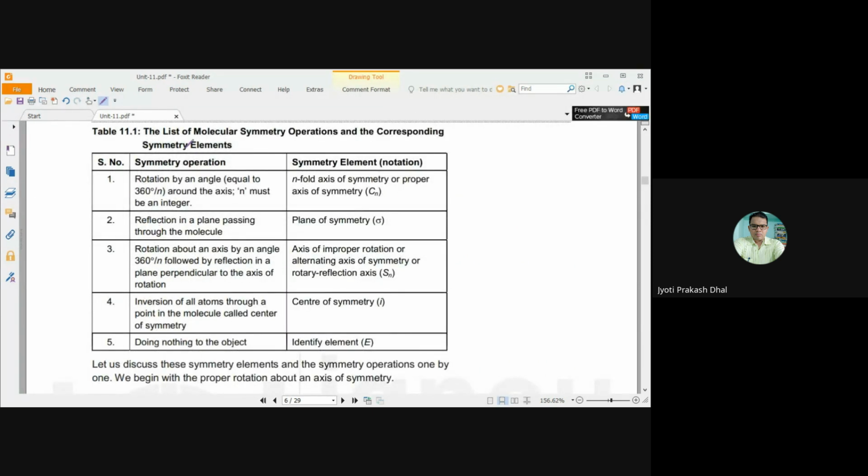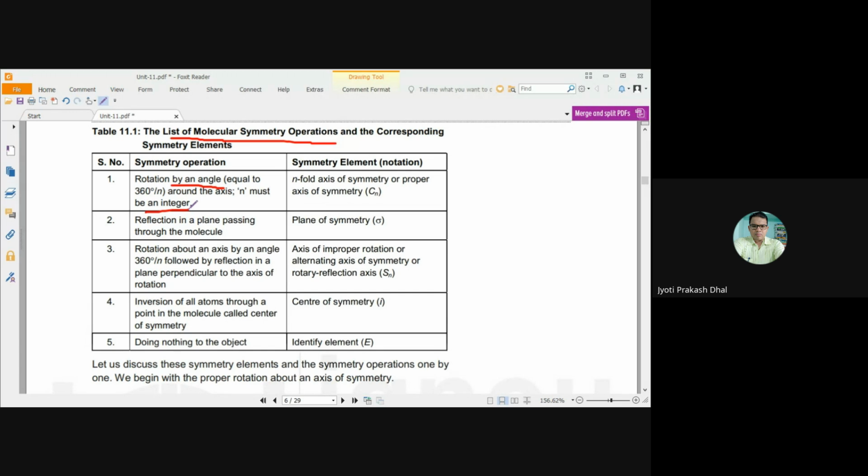These are the list of molecular symmetry operations and the corresponding symmetry elements. Serial number 1 is the symmetry operation that is rotation by an angle 360 degrees divided by n around the axis, and n must be an integer. So n may be 1, 2, 3, whatever.